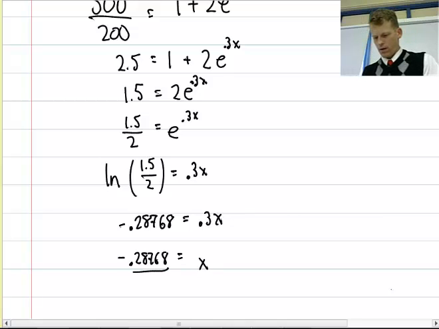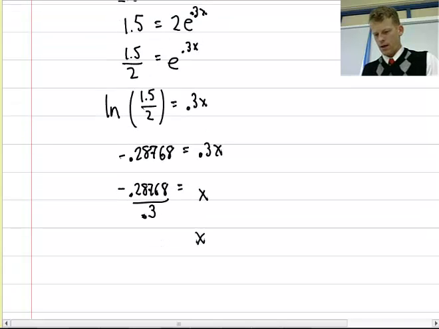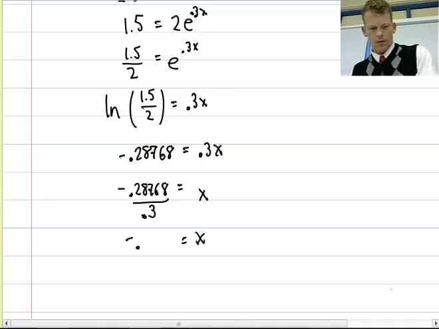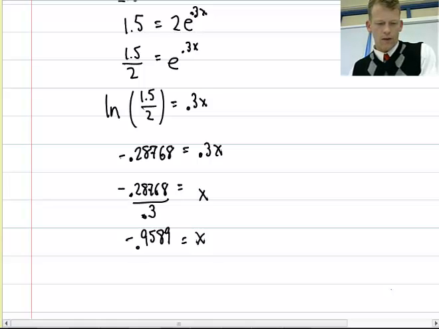Always double check what you put in the calculator, and that is x will equal negative 0.9589.